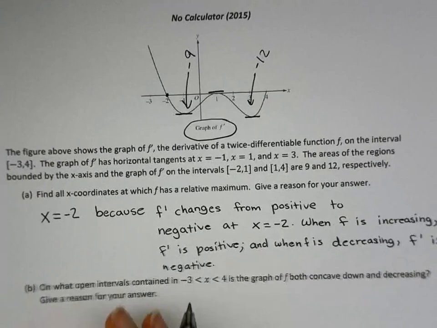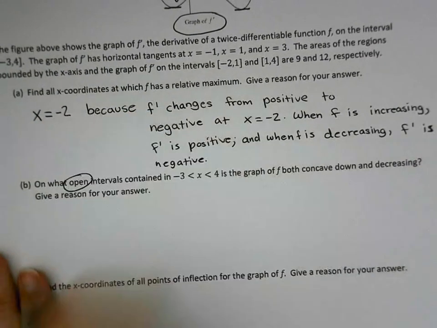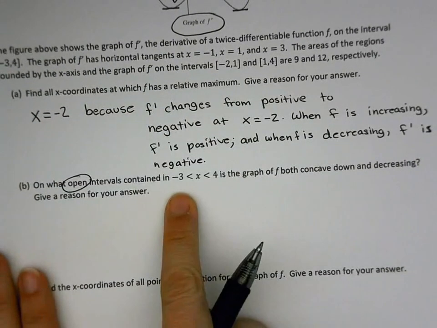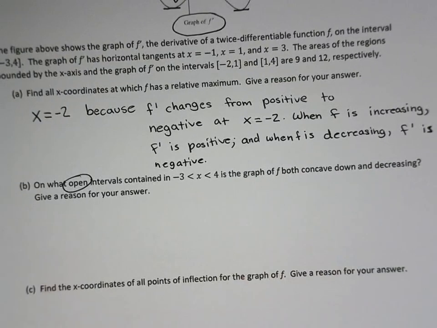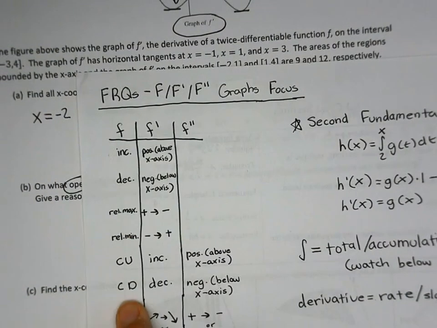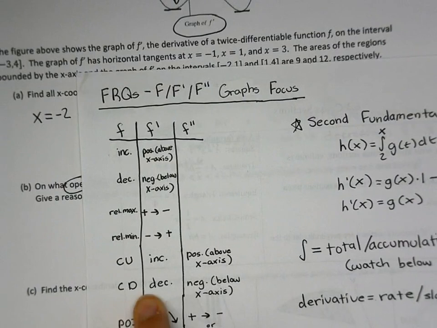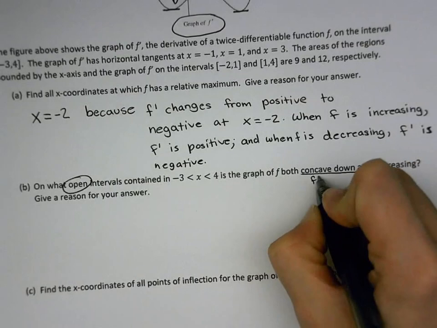On what open intervals, okay, so opens, we're going to make sure we have parentheses, contained in -3 to 4 is the graph of f both concave down and decreasing. Okay, so f concave down, what does that mean for my f prime graph? Well, f concave down means f prime, which I'm looking at, is decreasing. So f concave down, I want f prime to be decreasing.